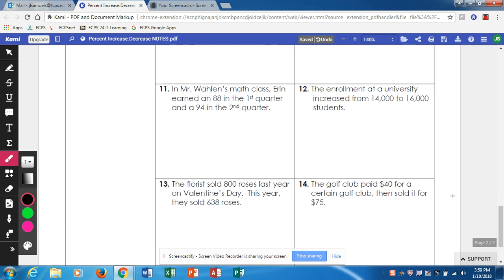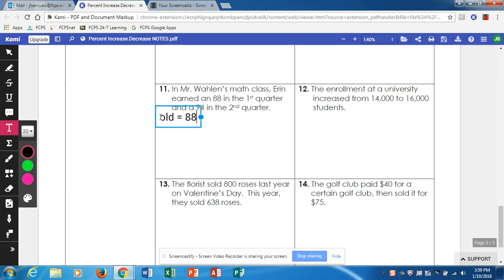Let's look at number 11. Okay. In Mr. Wallen's math class, Aaron earned an 88% in first quarter. So her old grade, first quarter, ended up being an 88%.